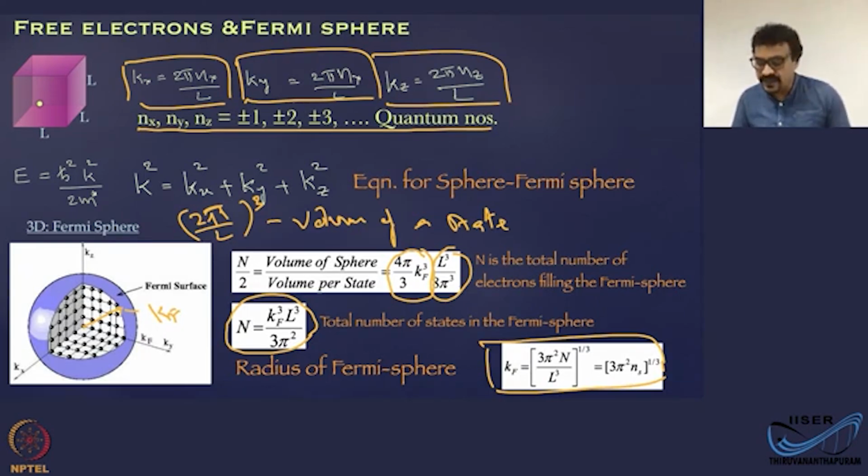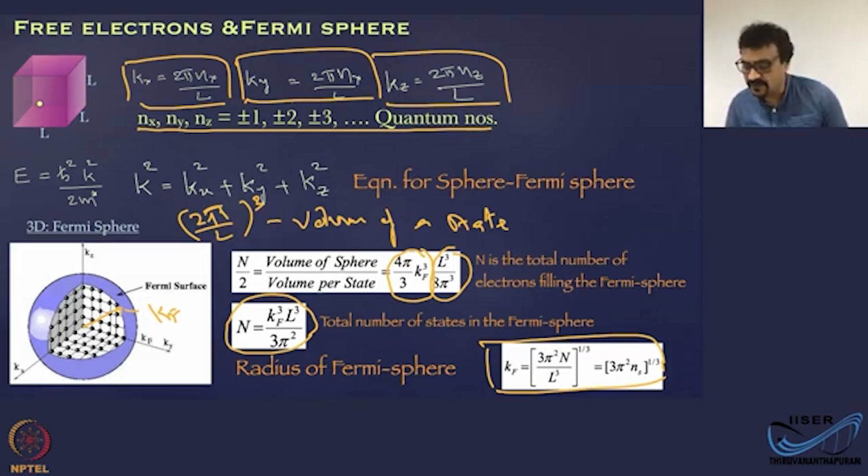So the radius of the Fermi sphere is kf, which is given by this expression (3 pi square n by L cube) to the power 1/3, or (3 pi square ns) to the power 1/3, where ns is the concentration or the electron density in the system.